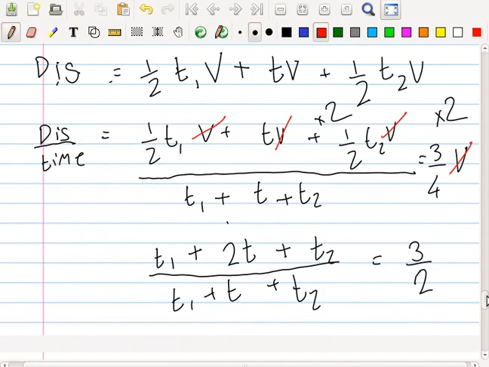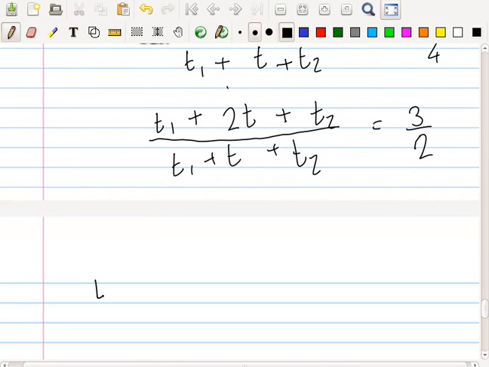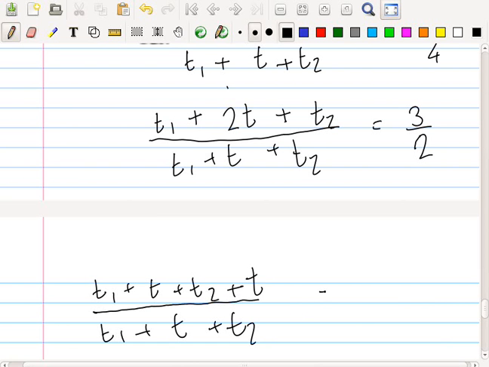So what am I looking for? T. Let's try to simplify this. So I can say that's T1 plus T plus T2 plus T. What did I do there? T1, T and T2. Can somebody tell me what I did going from here to here?